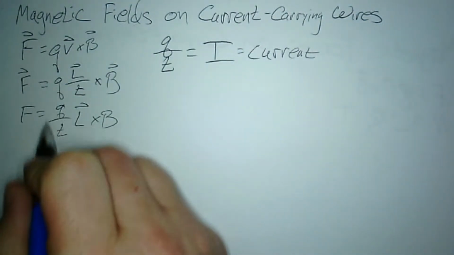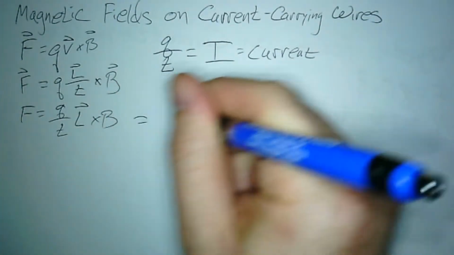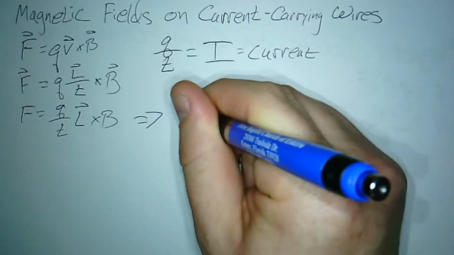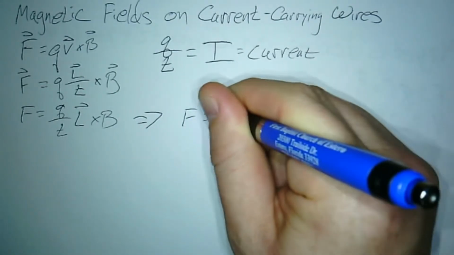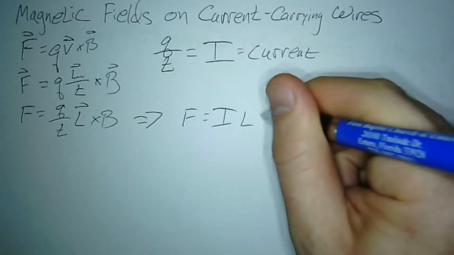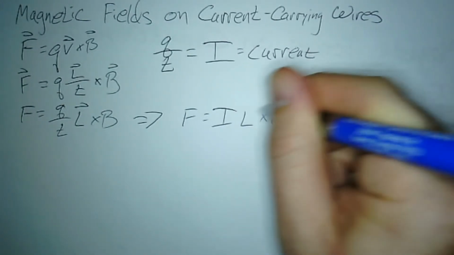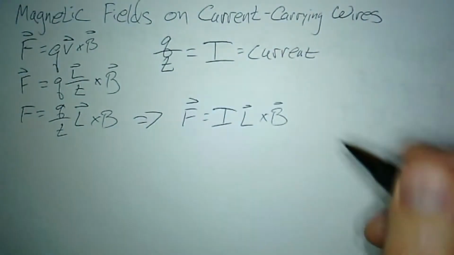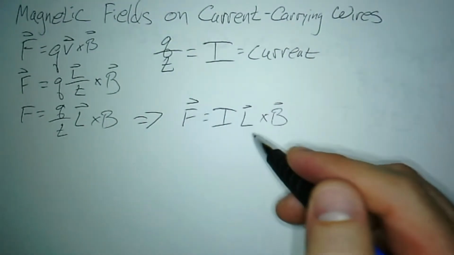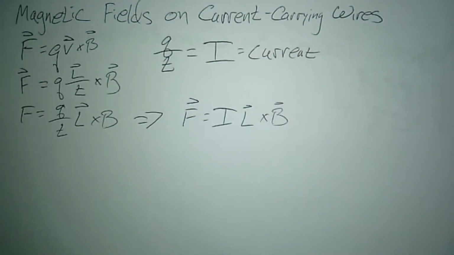So I can replace this line in my equation with current. So that's going to tell me that force is equal to current times length cross B. So this is the direction the current is flowing. So we're going to get F equals IL cross B, my new formula we're going to use for current carrying wires.